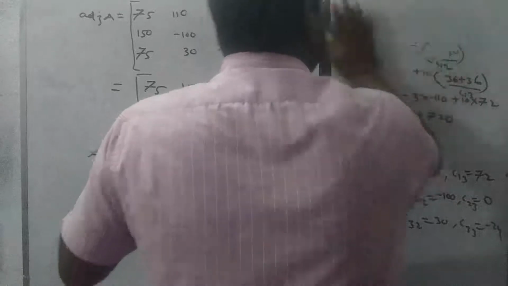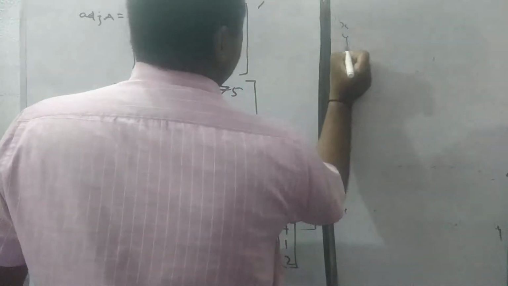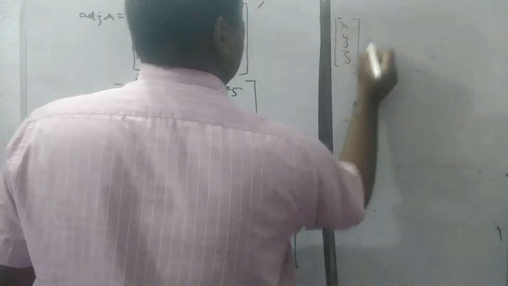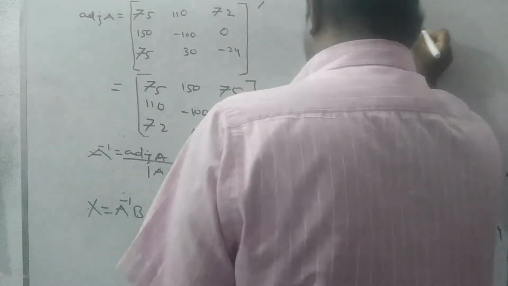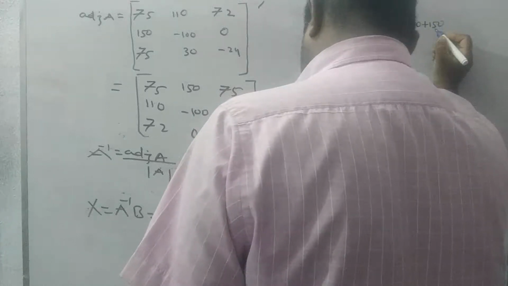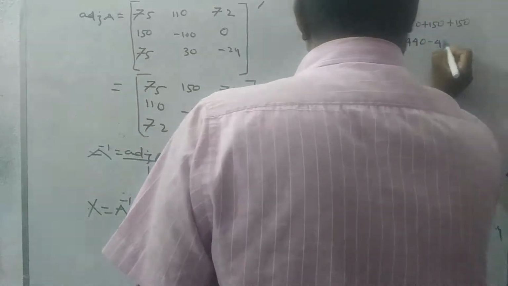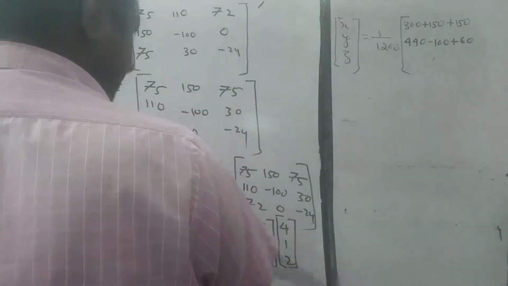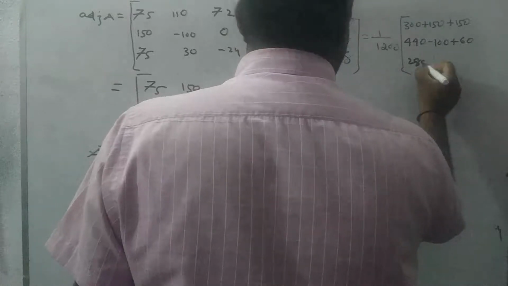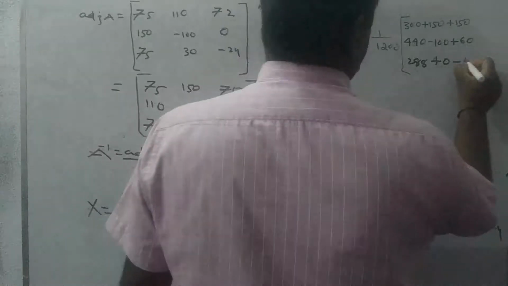If you perform the calculation, the value of X, Y, Z is equal to 1/1200 times: 75 times 4 is 300, plus 150, plus 150; then 440 minus 100 plus 60; then 288 plus 0 minus 48.